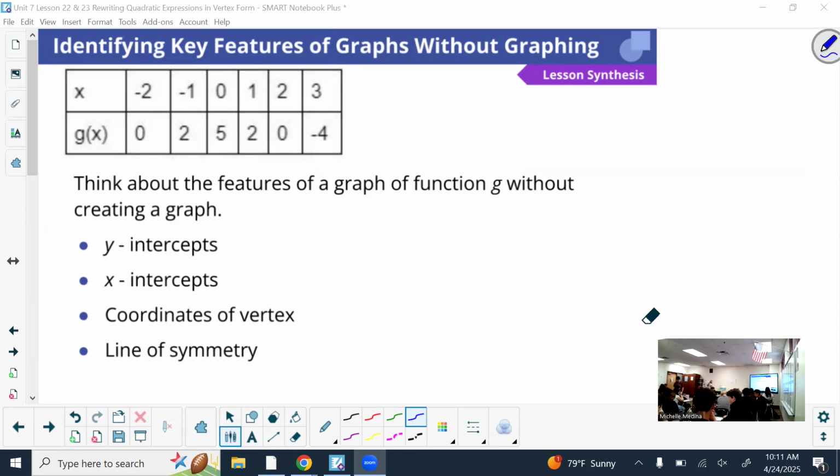You know that the vertex is the turning point of the graph, so find where the turning point is. And then your line of symmetry will be the x equals the x of your vertex. All right, so try this one. Go over it, I'd say in less than 2 minutes.